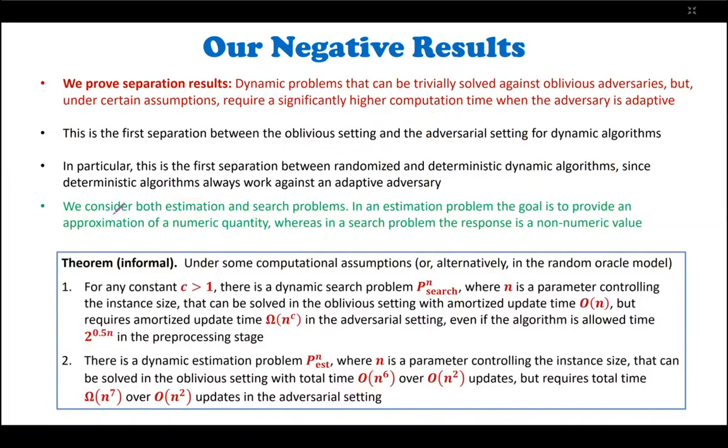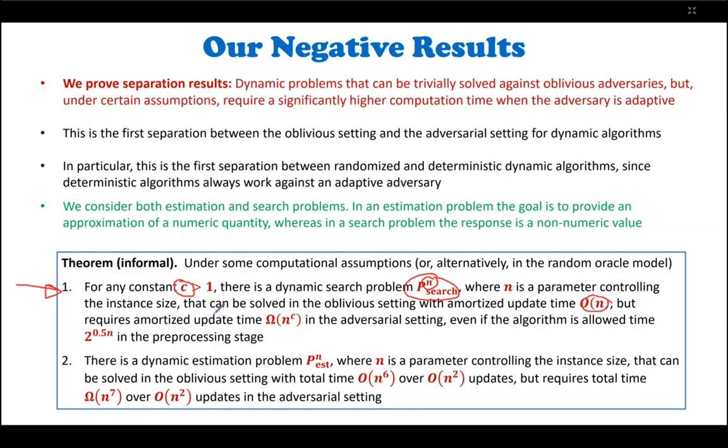Okay. Here is a statement of our separation results. This is our separation for search problems. For any constant c, we show that there is a dynamic search problem, let's call it P_n search, where n is a parameter controlling the instance size, that can be easily solved in the oblivious setting with amortized update time linear in n.